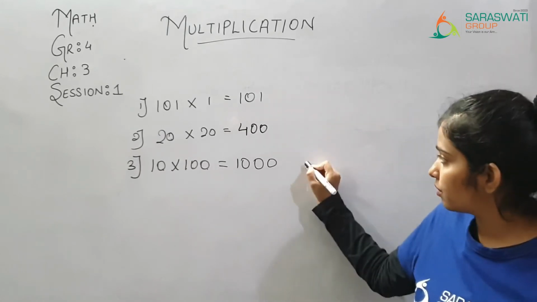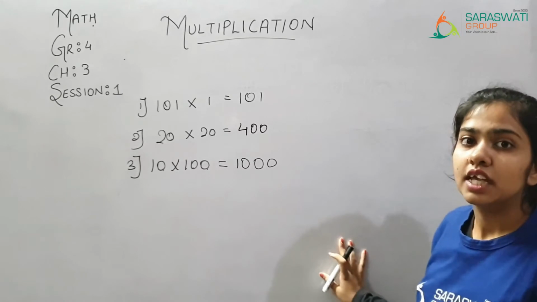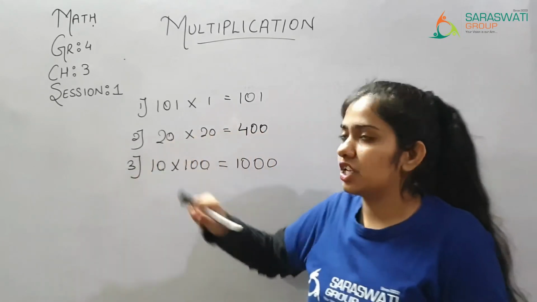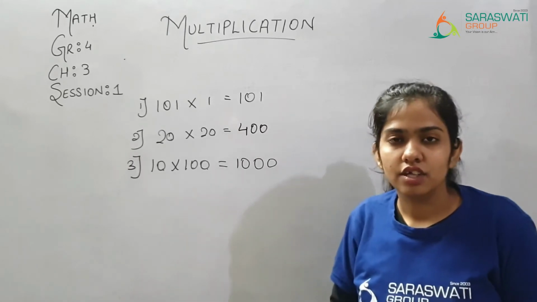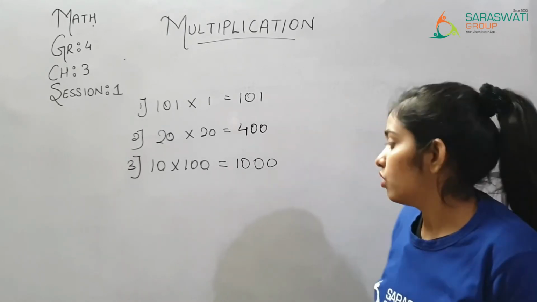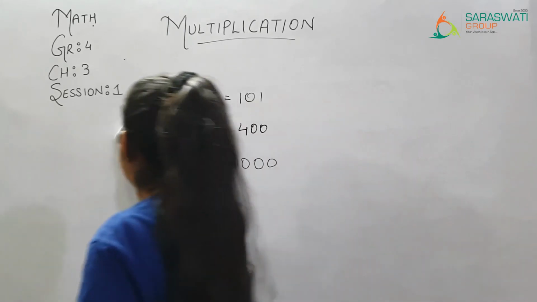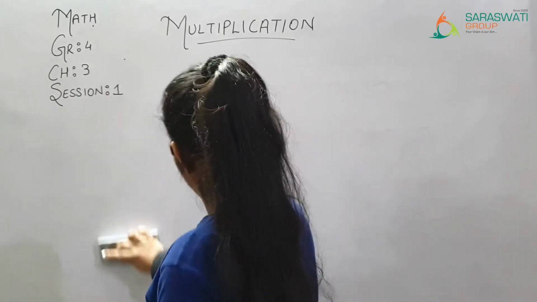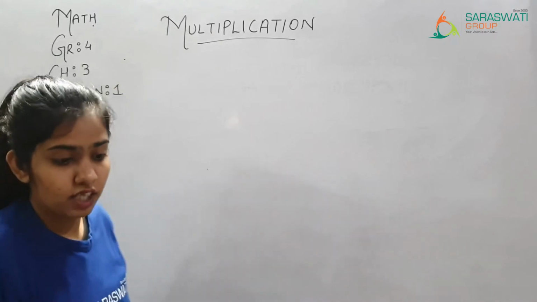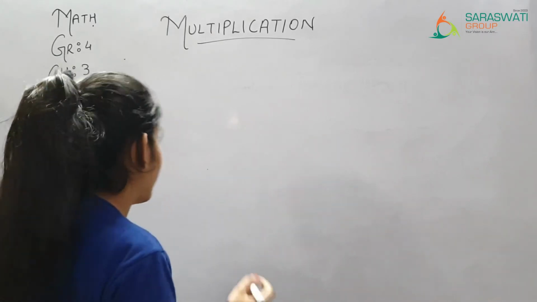Without writing it out the way I showed you on the side, you can do this multiplication. See how easy it is, right? Now the next question is: use the multiplication fact.